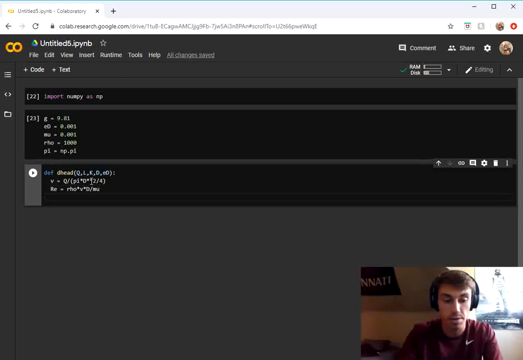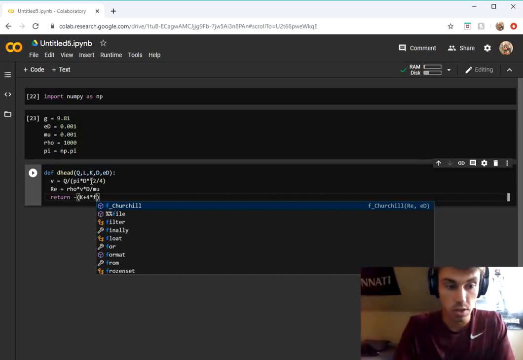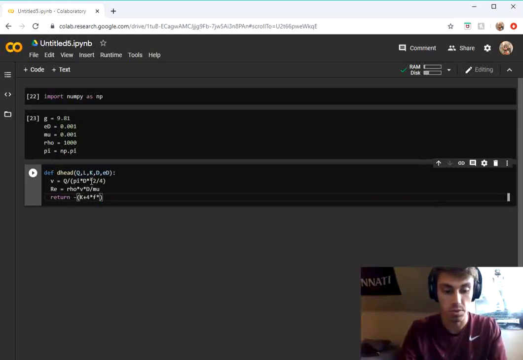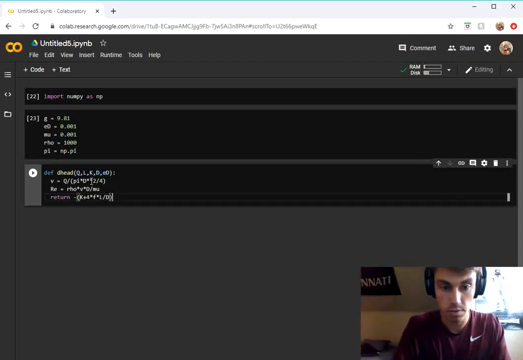So now that we have that, we can return our head drop, which will be negative because the big F is negative. It'll be K plus 4 times small f, which is the friction factor, and that will be times L divided by capital D, diameter.